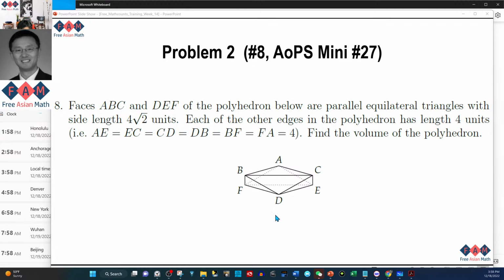If you don't have this figure at all, then it's very hard to even draw this figure in the first place. As it turned out, I don't think this is a good problem because this kind of 3D geometry problem is already challenging all by itself. You have to have very solid spatial imagination to visualize the figure. But on top of that, the figure was drawn in such a misleading way, it makes it tremendously difficult.